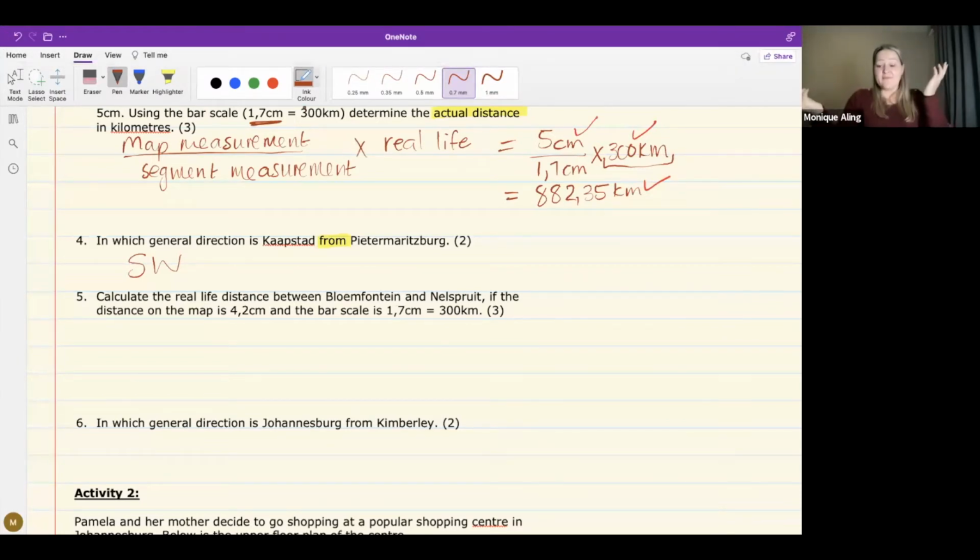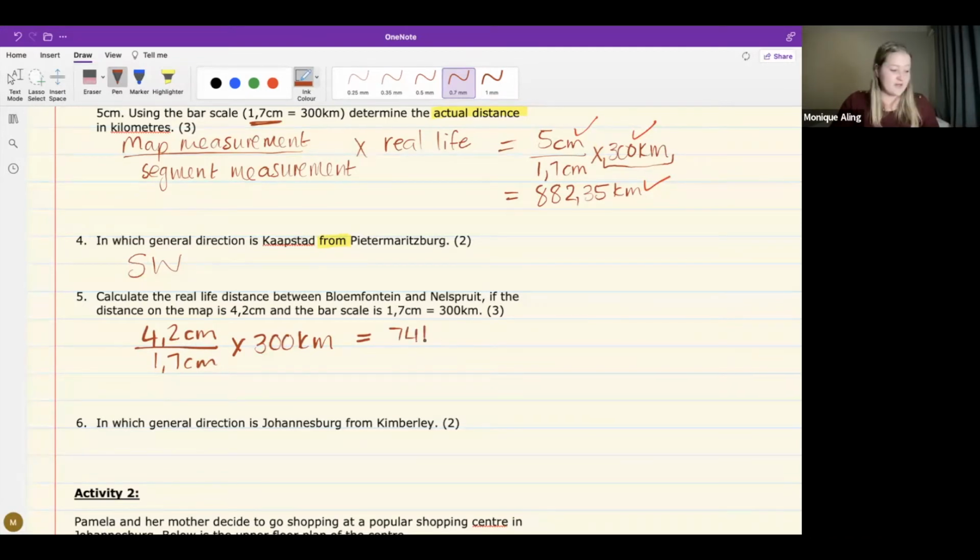So same formula. It's always going to be the same for bar scale. We take our map measurement. Our map measurement is 4,2 centimeters over the measurement of our segment on the bar scale, which is 1,7 centimeters. And we times by our real life, which is 300 kilometers. Now, that gives you an answer of 741,176.